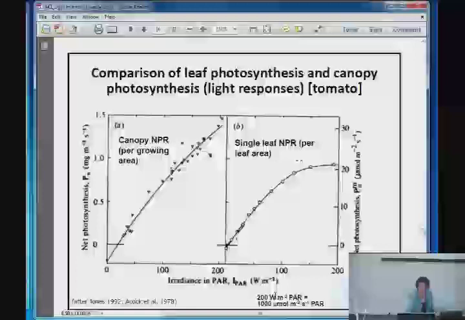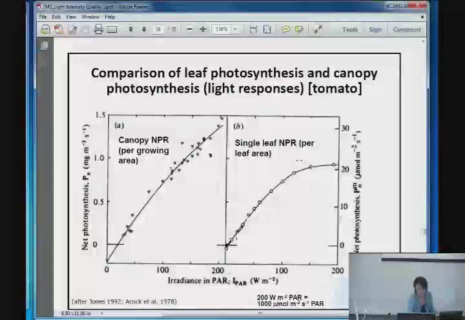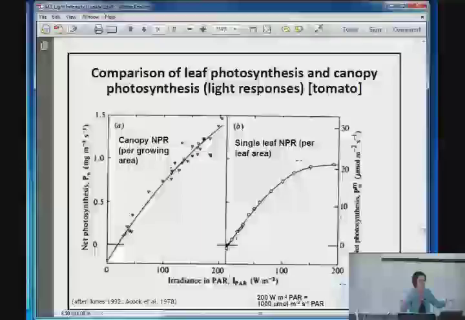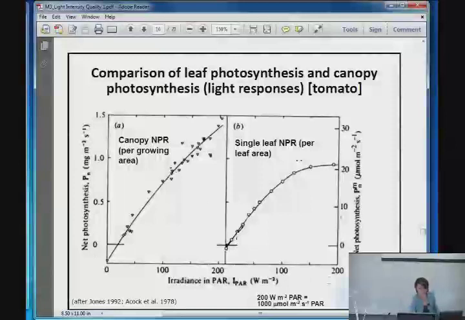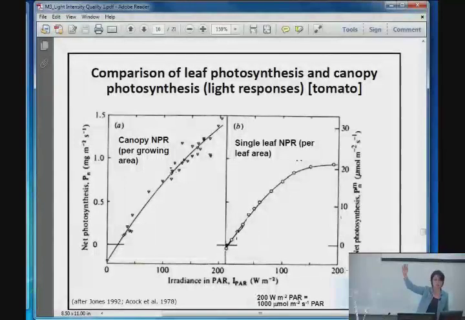All right. So one is saturation. It's a single leaf of the same crop. I think it's tomato. And for whatever reason, they use watt per square meter instead of micromoles. But here's a conversion for this light source. I know 1,000 micromoles PPF is about 200 watt. So they got a good, like a winter midday light intensity.